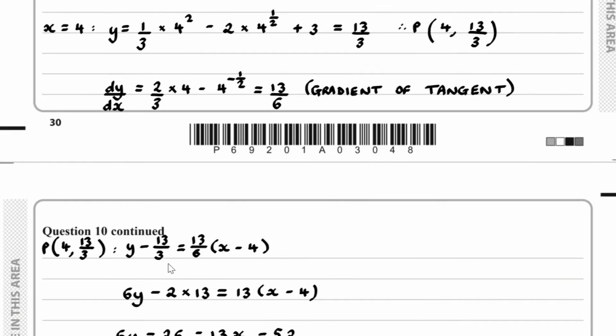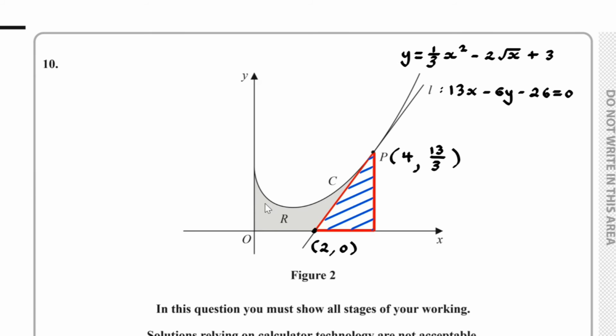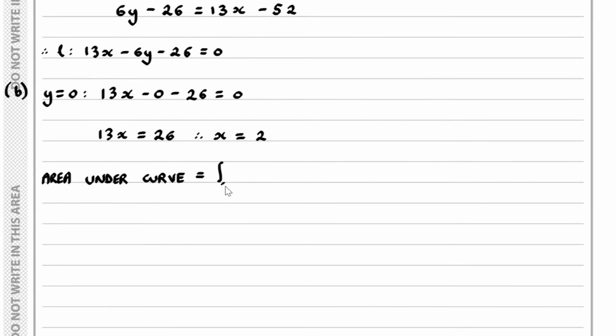So let's begin by finding the area under the curve. We would have to integrate between 0 and 4 the curve C, which is 1/3 x squared, subtract 2x to the 1/2, plus 3, dx.